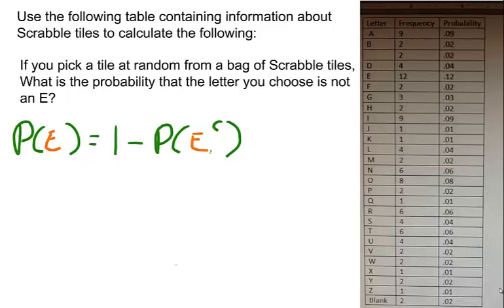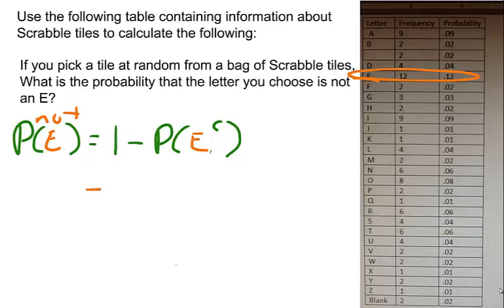In our case, we're looking at the probability that the letter we choose is not an E. The probability of not E is equal to 1 minus the probability of E complement. We know that the probability of drawing an E is 0.12.